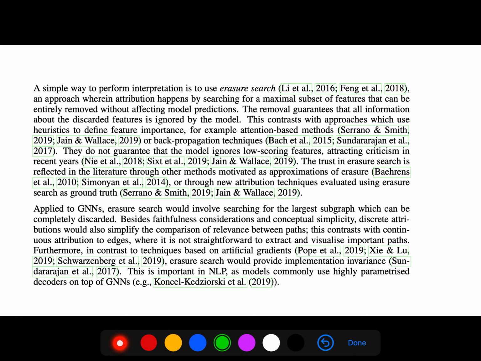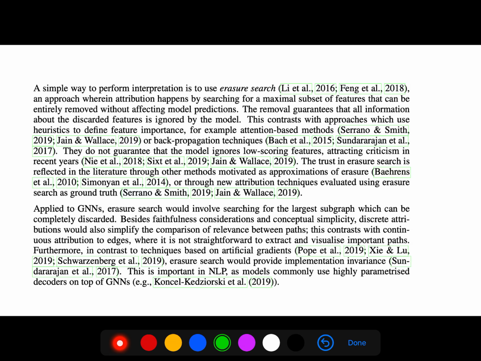So a simple way to perform interpretation is to use eraser search. I think it was in a previous video that I talked about it. And the removal guarantees that all information about discarded features is ignored by the model.